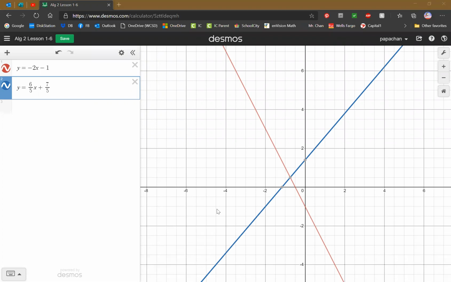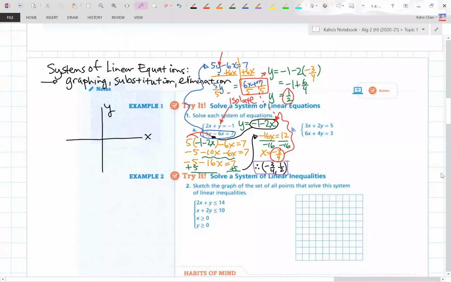Let's go back to our OneNote. This is one way of checking it. I'm going to draw that on my OneNote here. I'm just copying from the Desmos, so you don't see it, I do. So the first line is negative 2x minus 1.